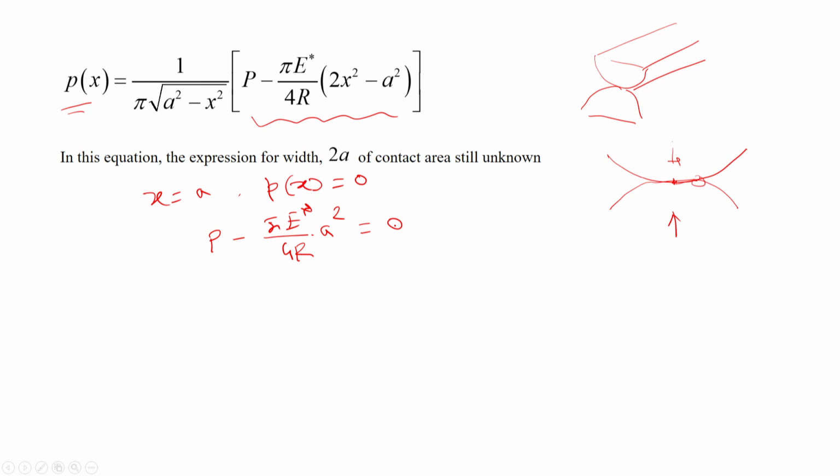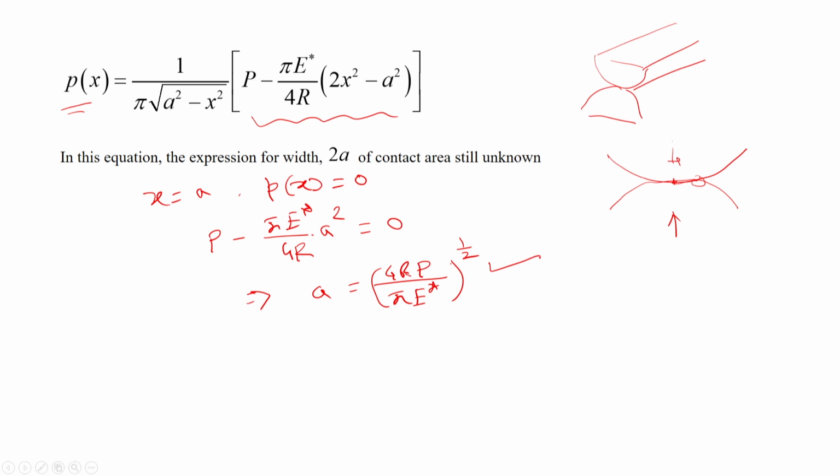From there we can say that A goes as the square root of 4r into P divided by pi E star. P is in Newton per meter, R is in meter, E star is Newton per meter square, so meter square is in the numerator, and the square root of that is meter, fine.